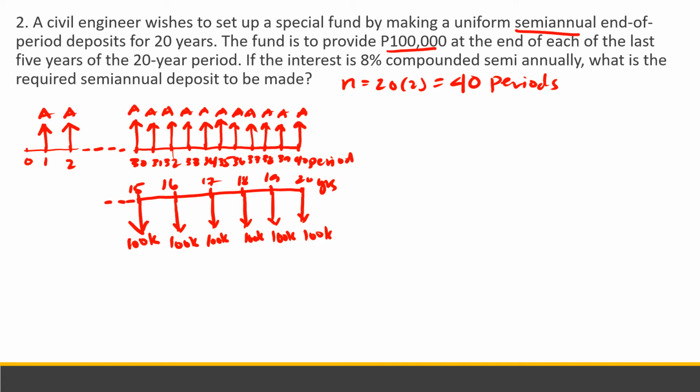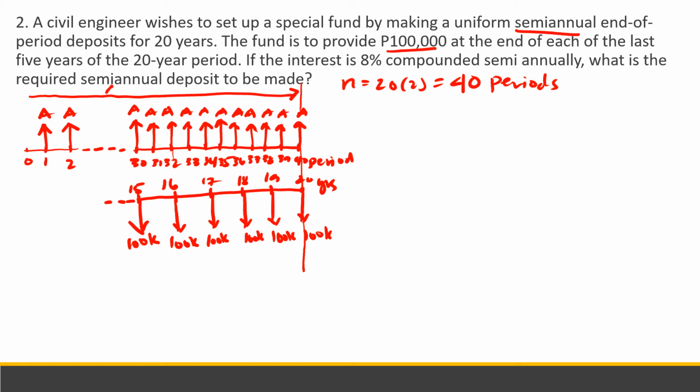Okay, so for this problem, we will use the 20-year period as our focal date or yung equation of value. So yung A natin is, so given A, finding yung F natin.